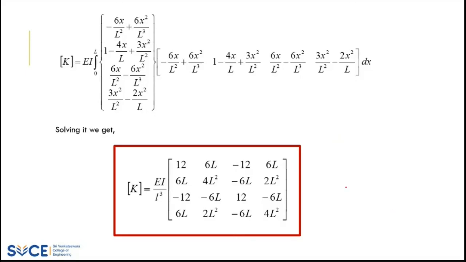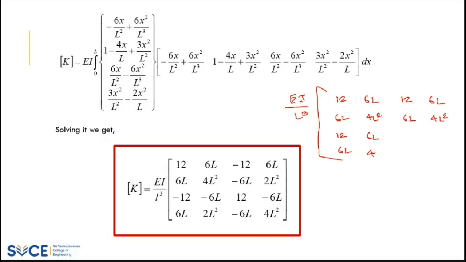So you find a way to remember this. Okay, so one way how I remember this, I used to write it like this: EI by L cube. So 12, 6L, 6L, 4L square. I write all these things: 12, 6L, 6L, 4L square, and so on for each row.